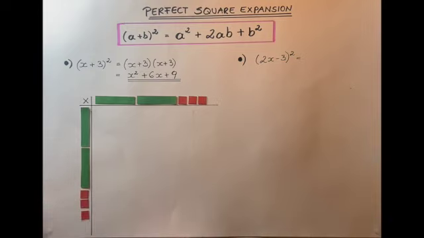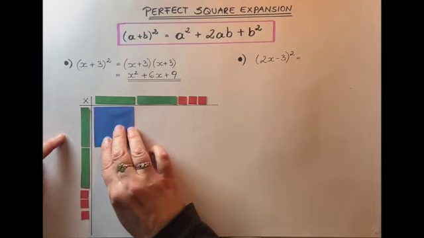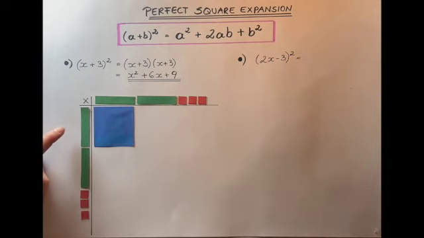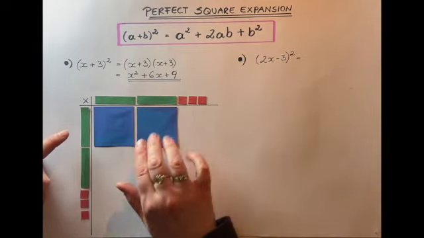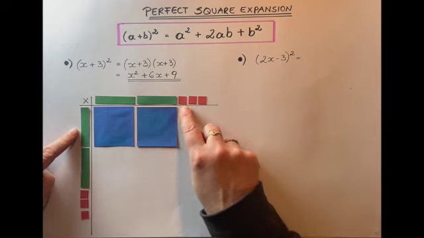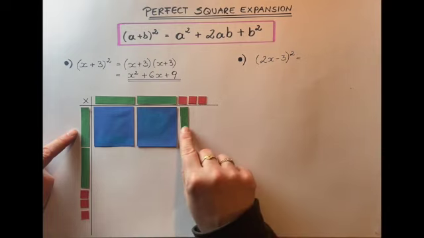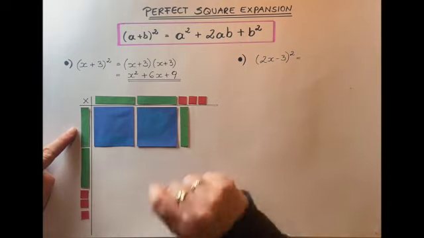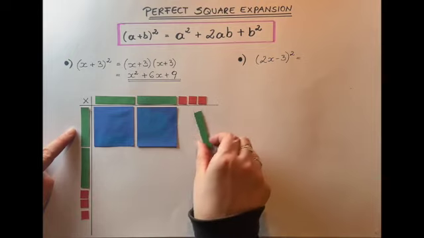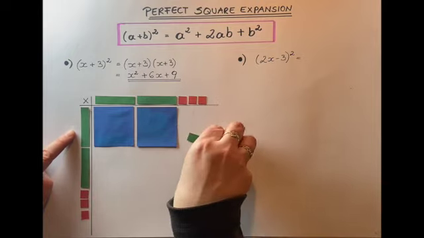So let's get started. X times x gives us x squared. X times x, x squared. X times negative 1. So remember, x times 1 gave us x, but positive times negative gives us a negative. So we need to flip that over.